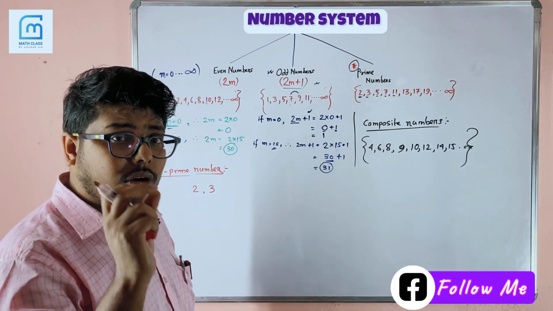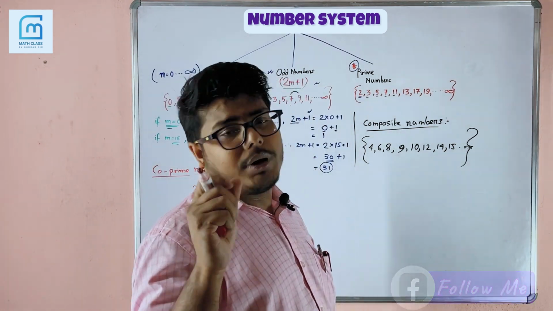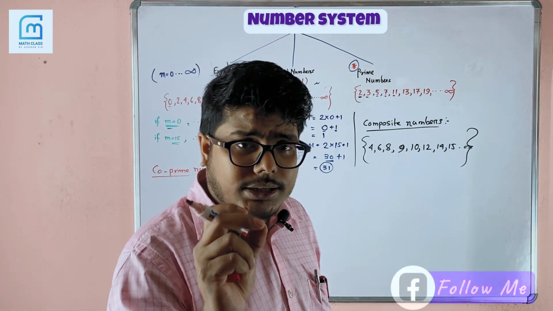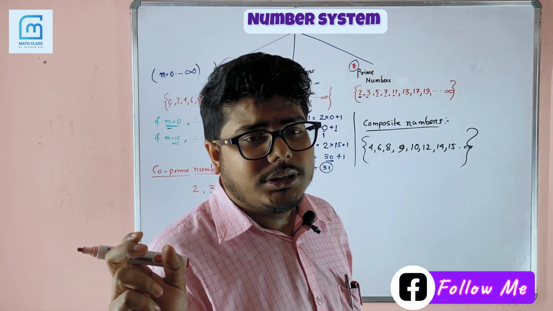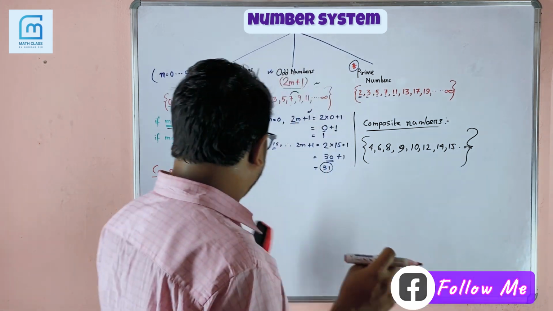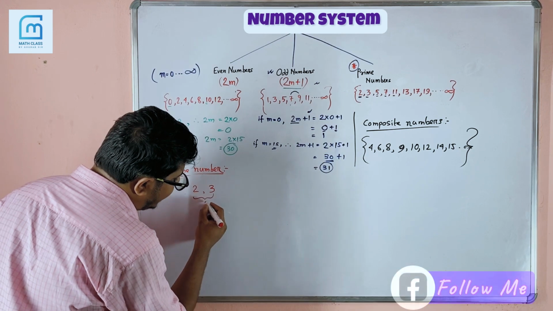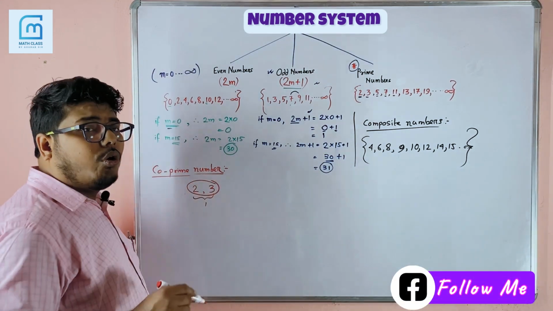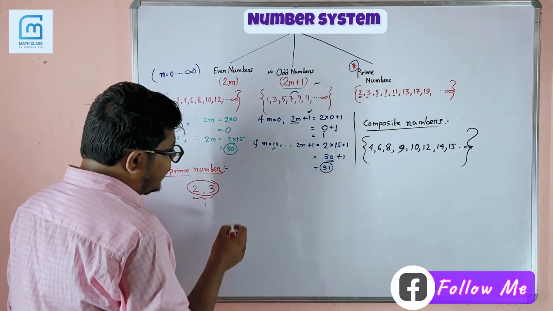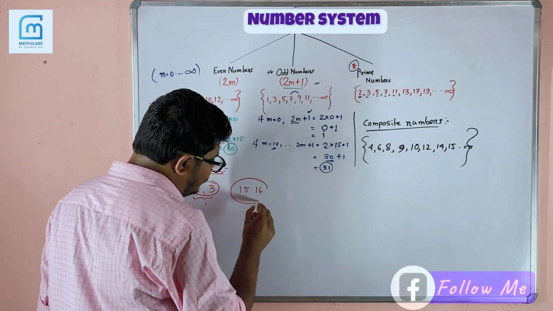What I am saying is that in the case of co-prime numbers, other than 1, there is no other number that can divide both of the numbers. It means they have only one common factor, that is 1, and that's why it is a pair of co-prime numbers. For example, 15 and 16 are also co-prime.